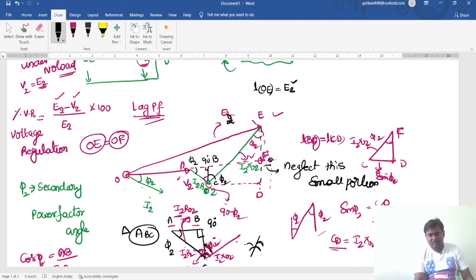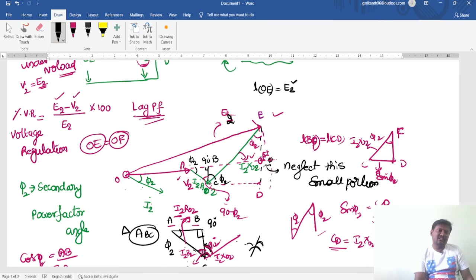And from this point OE, take this arc, and it touches the point here. Extend this line AB F line and neglect this small portion, and this angle is phi 2 and this angle is 90, and whatever the remaining angle is 90 minus phi 2 if you take this triangle.